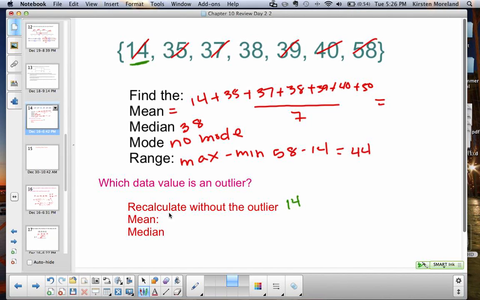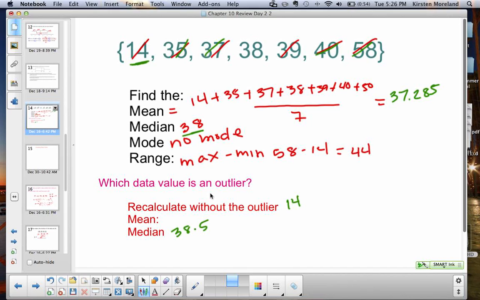So the mean was originally 37.285 and the median was originally 38. Now if I recalculate the median without that data value, it would be 38.5 for the median.